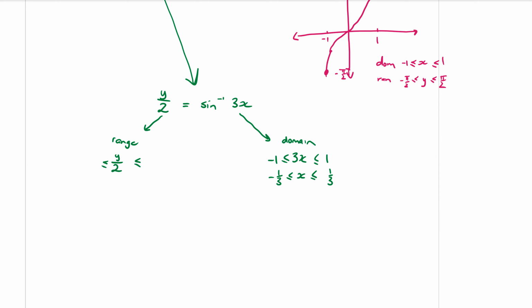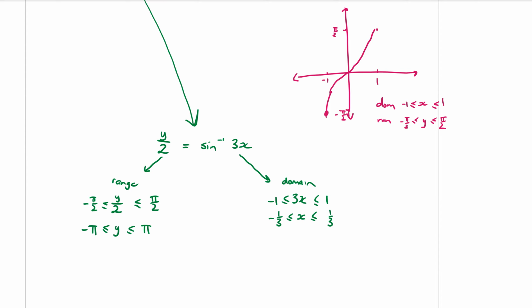Now I want to get the y by itself in that range, so I need to times everything through by 2. -pi/2 times 2 is going to be -pi, and +pi/2 times 2 is going to be +pi. So that is my new range. Now the curve is going to keep the same basic shape as the one you see up here in red. It just has the changed domain and range.